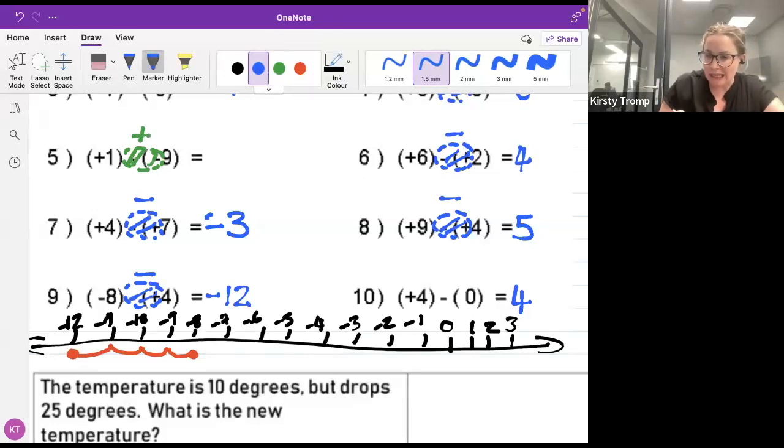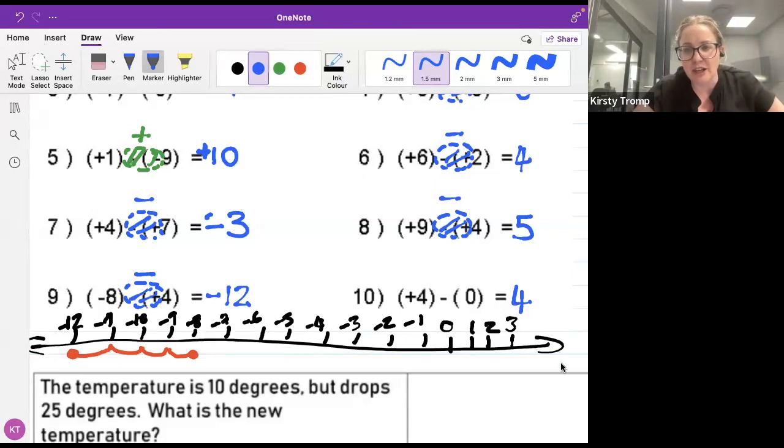What's 1 plus 9? 10. So we're not going to add the positive. Nope, that's it. You can say positive 10 if you really want to. So it will still be right. If you say positive 10, absolutely fine. Okay, thank you, ma'am. You're welcome, no problem.